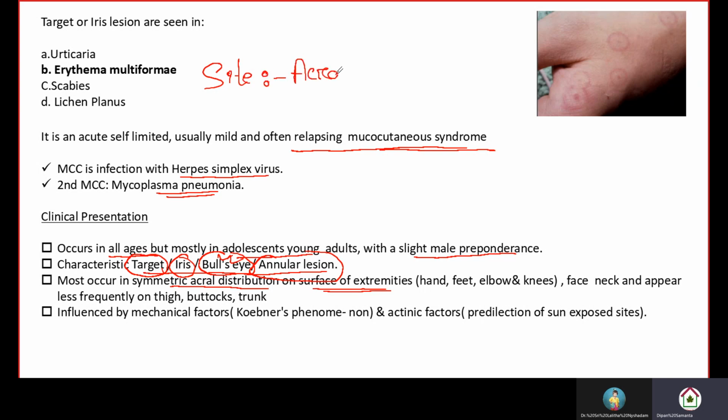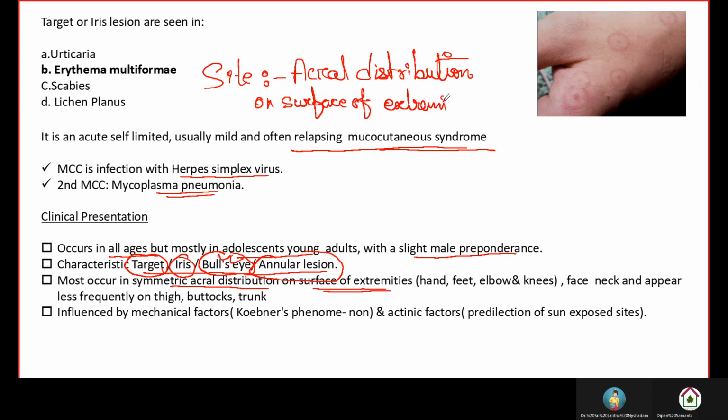Acral distribution on the surface of extremities: hands, feet, elbows, and knees. And also face and neck, and less frequently on thigh, buttocks, and trunk.